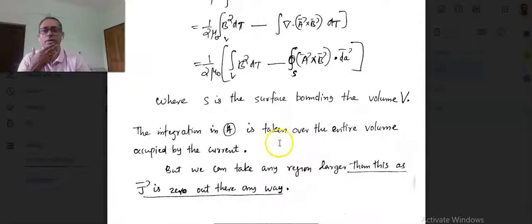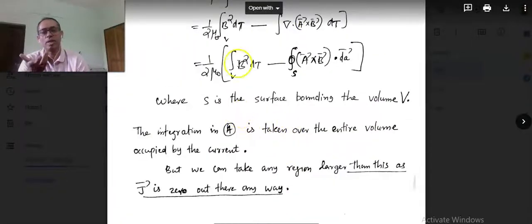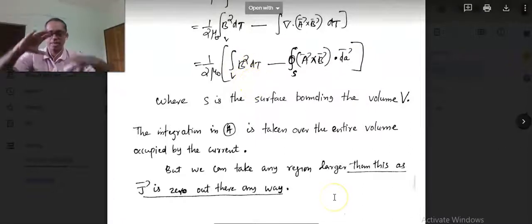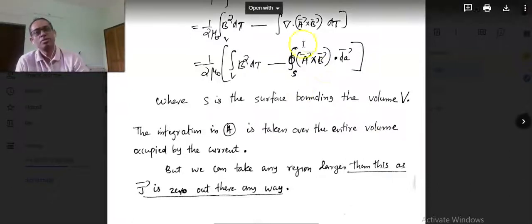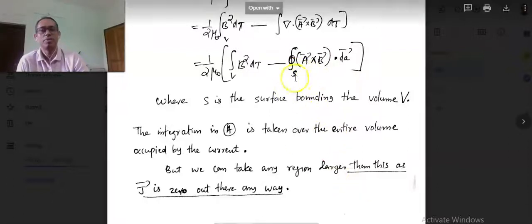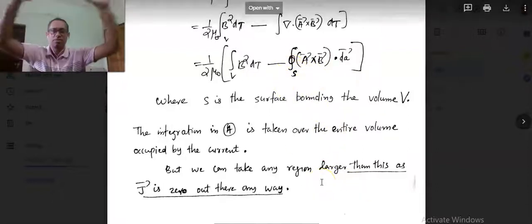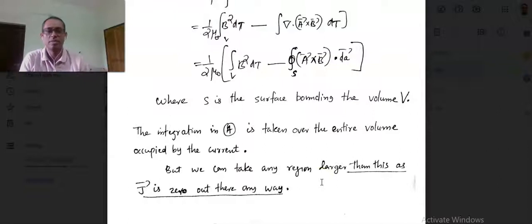So if you take a larger volume here, what happens is this term will grow. You are taking the integral volume of B square, the magnetic field in the larger volume that you are taking, so it will grow. But this will decrease, because we are taking the surface enclosing that volume here.